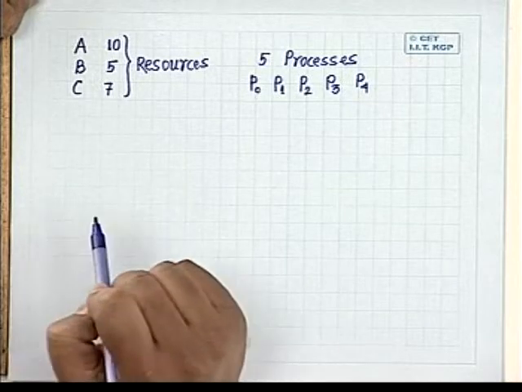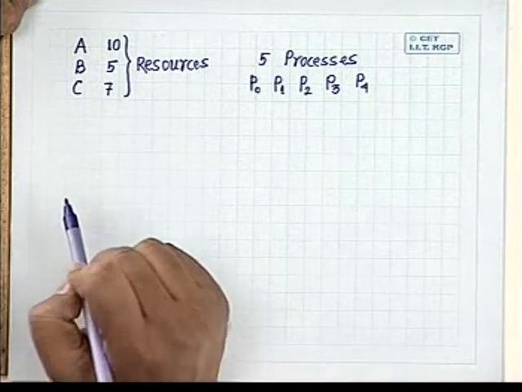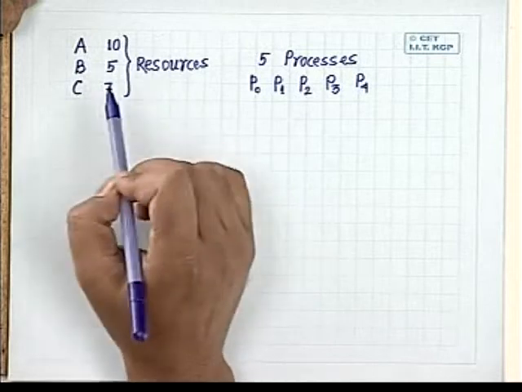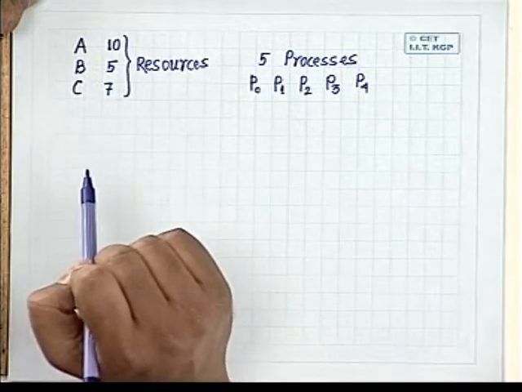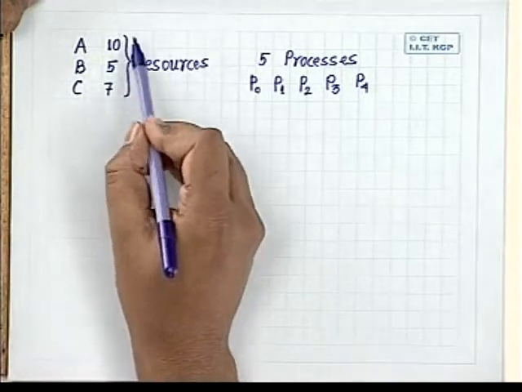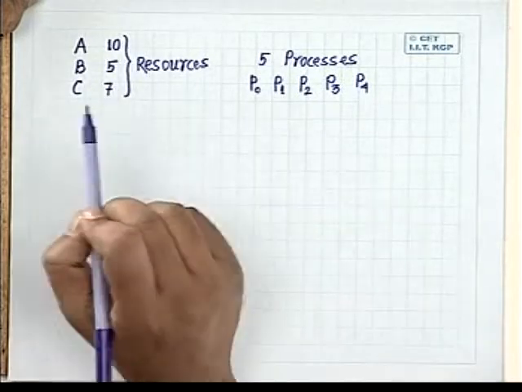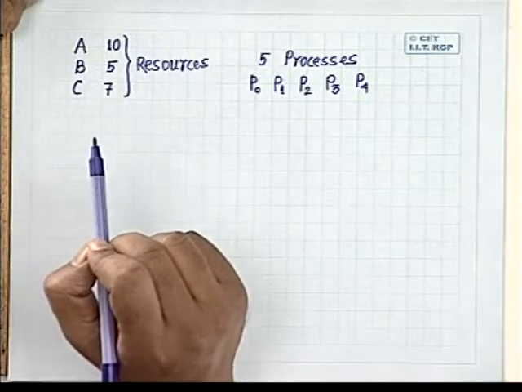At a particular instant of time, we can have a situation like this. Few of these resources will be allocated to different processes, and every process has to declare in advance what is its maximum requirement.